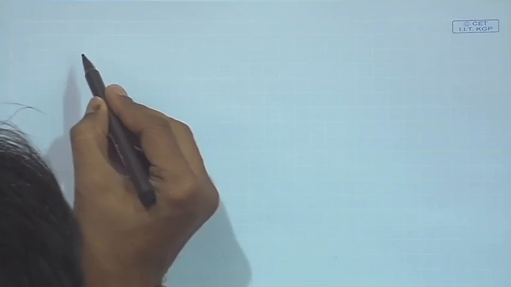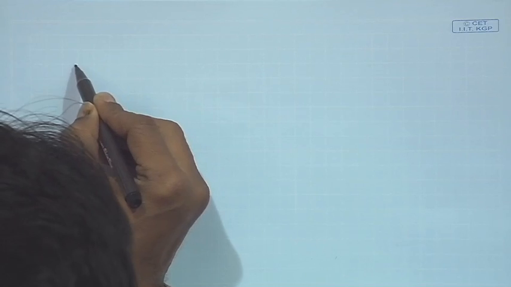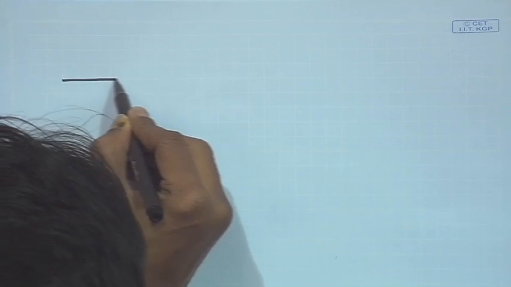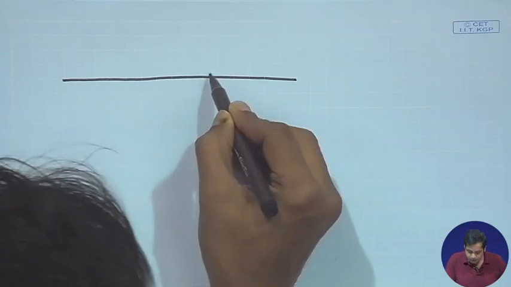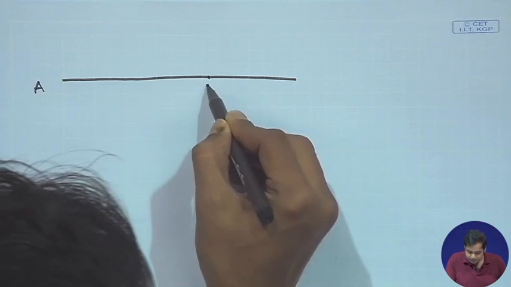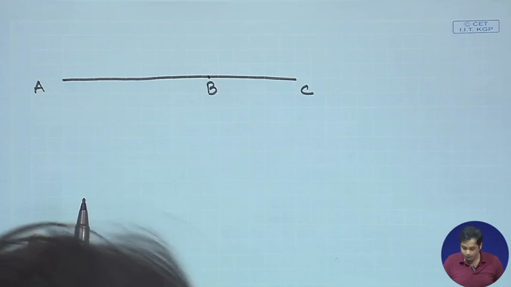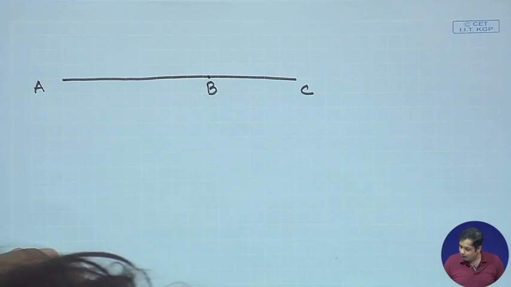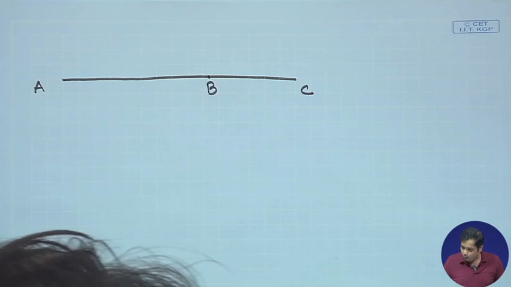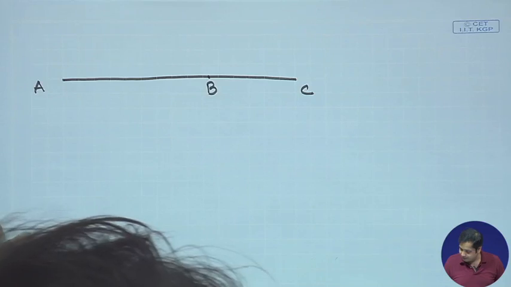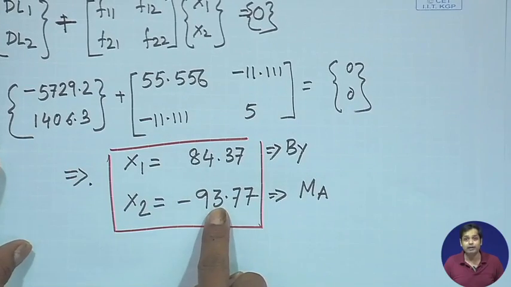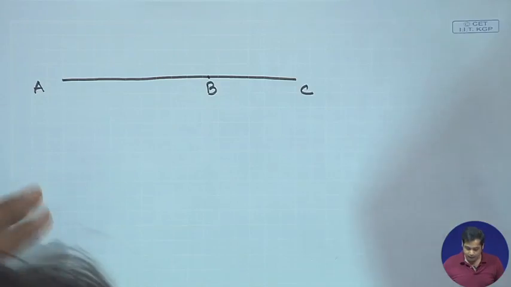Now, if you have to draw the bending moment diagram for this problem, let us draw it. This was A, this was B, this is C. Okay. Now, one approach, as I said, you see this bending moment is negative, this bending moment is negative.